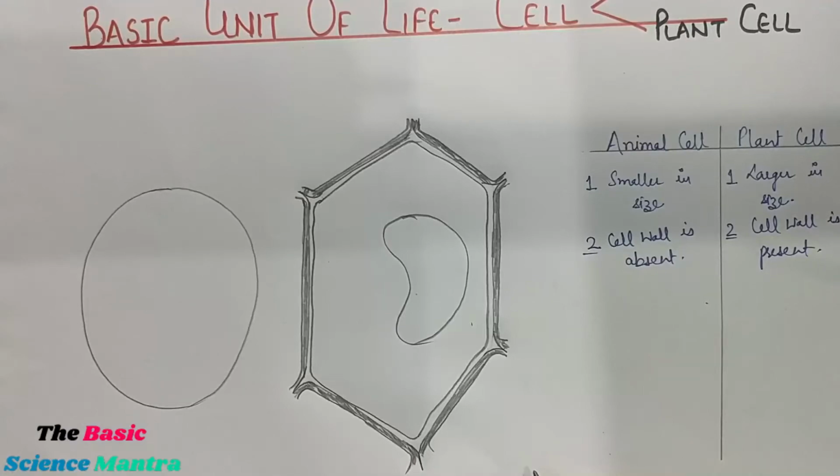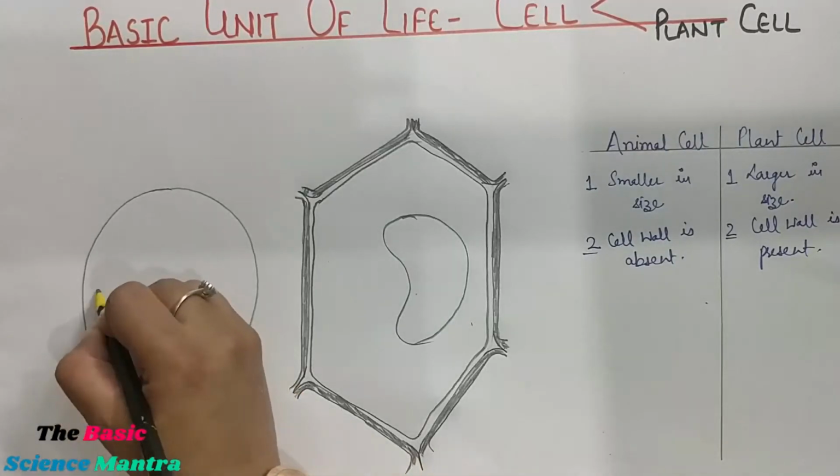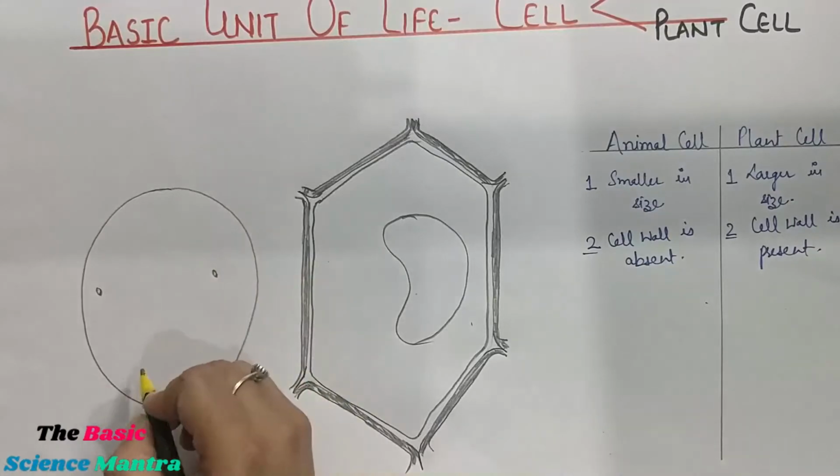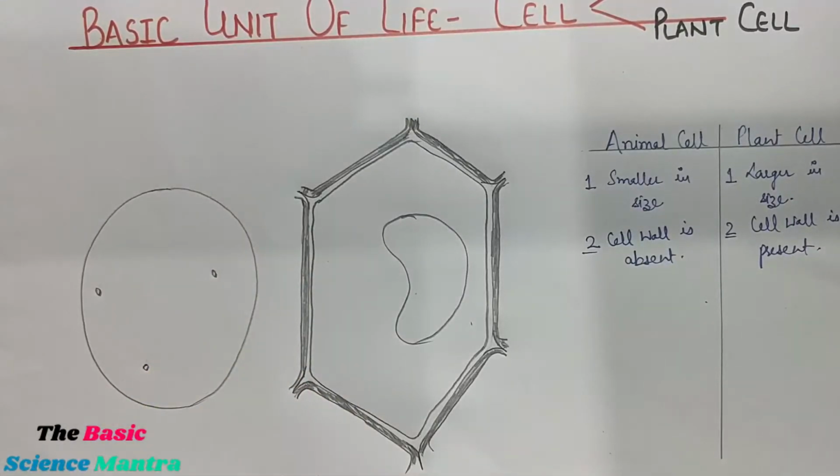Now the third difference: a large central permanent vacuole is present in the plant cell. But in case of animal cell, the vacuoles are very small and temporary.